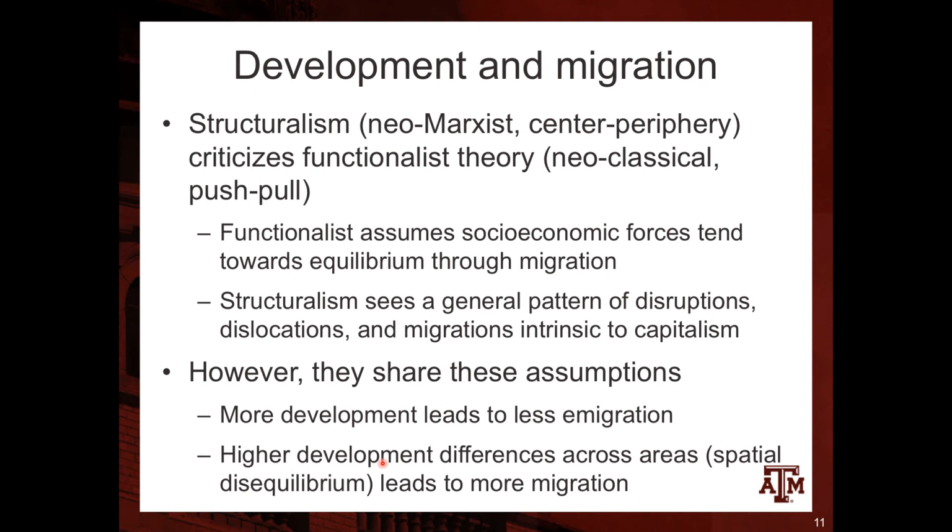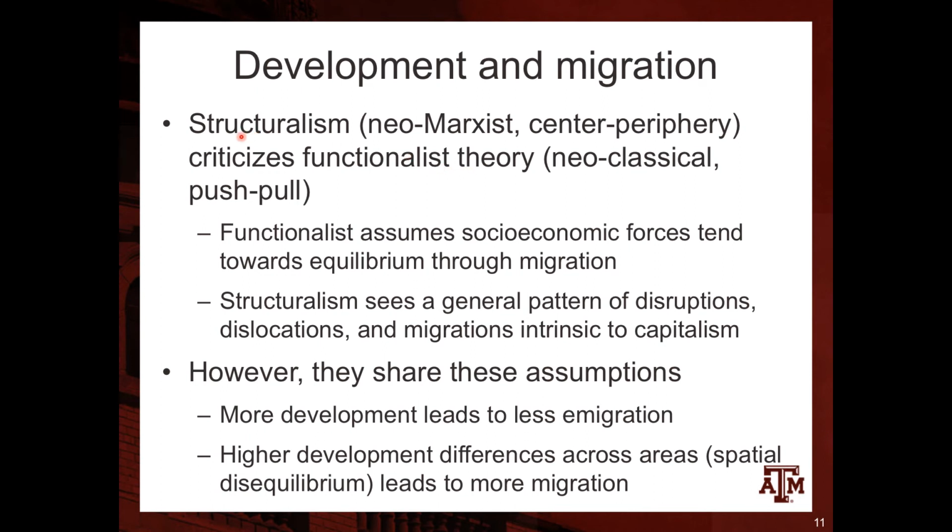Whenever we are talking about the association between development and migration, it's important to go back to the theories of migration that we discussed before, explaining the differences between the structuralist theory and the functionalist theory.